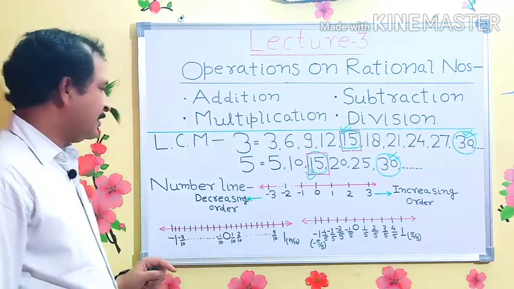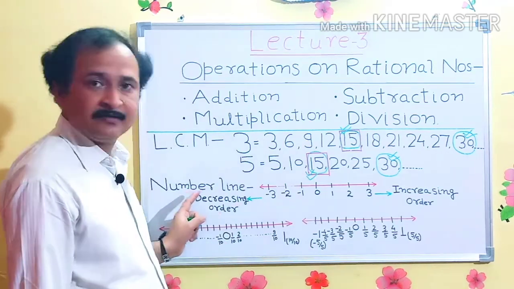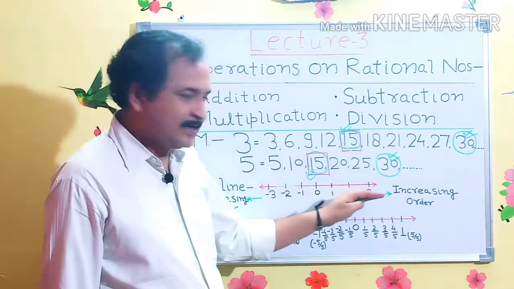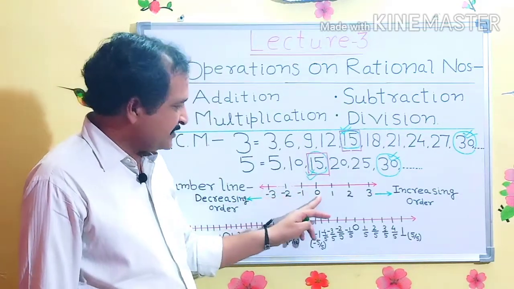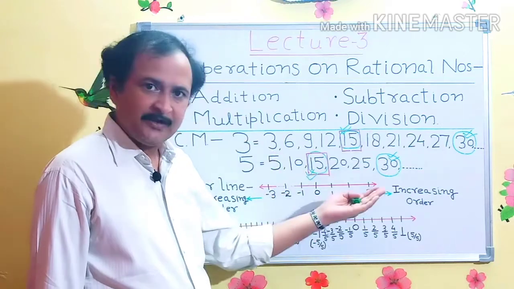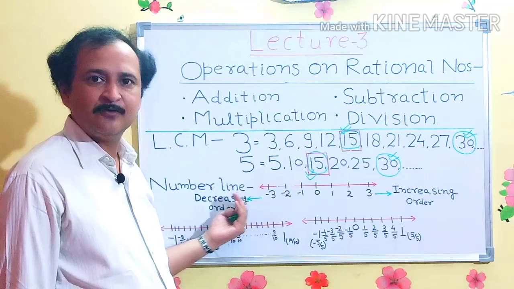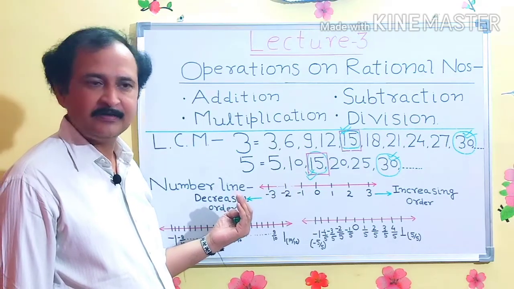Now take a look at another concept, that is the number line. This is the number line. It is 0. On the right side of 0 there are positive integers and on the left hand side of 0 there are negative integers.